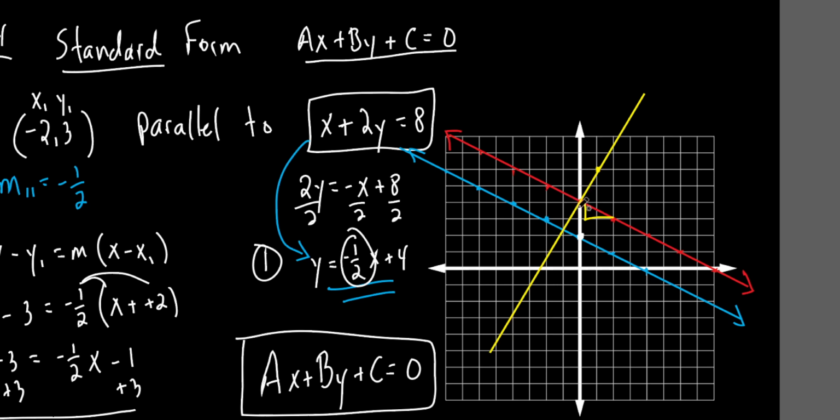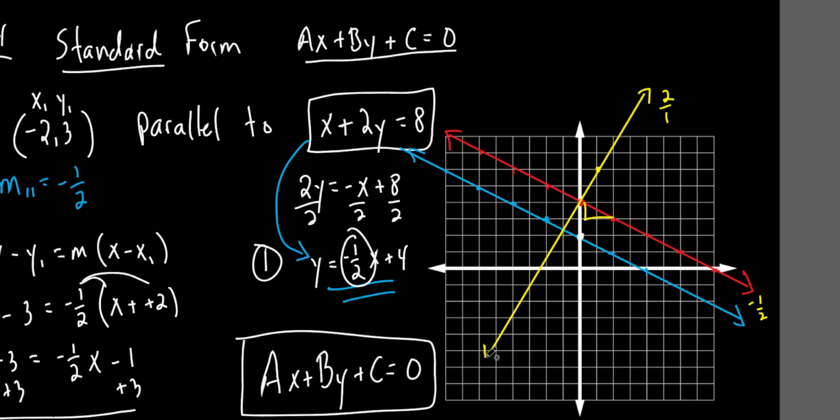So how did I get from this point to this point? I didn't go negative 1/2. I went positive 2/1. Do you see that? So if the slope of the red one was negative 1/2, the slope of the yellow one is positive 2/1, or positive 2.